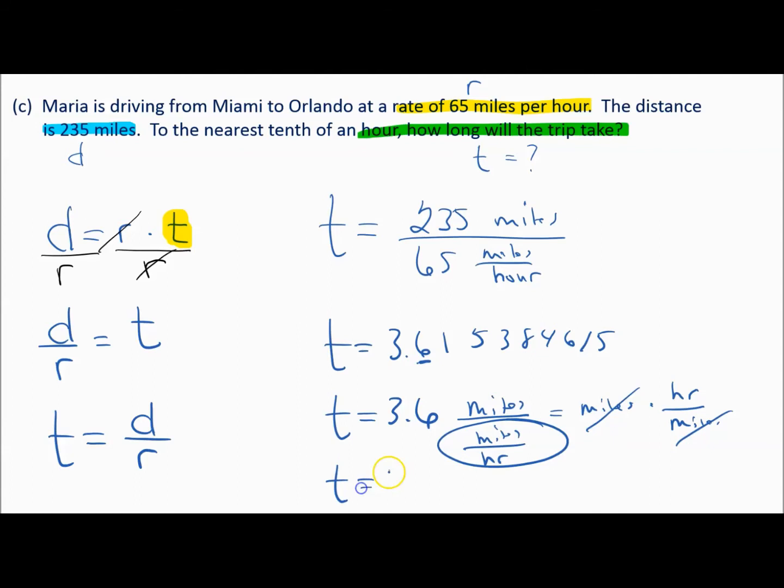Now we anticipated that. Time was in hours. So all this fraction work here that I'm doing with the units is not required. But I do want you to see that it works out. So you do calculations with units just like you do calculations with constants. So our final answer is it takes 3.6 hours to drive from Miami to Orlando.